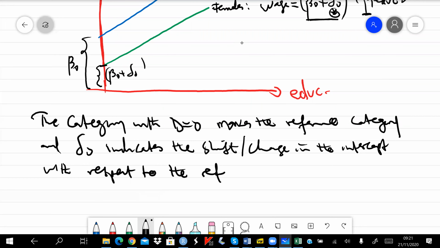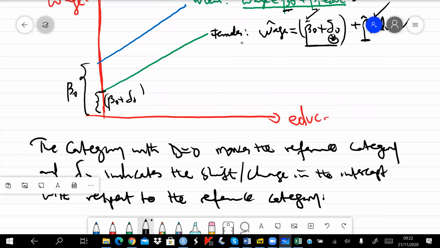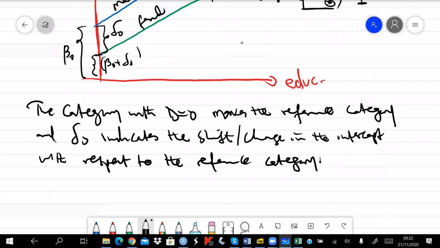Okay. Then now, how do we interpret? So we're saying that this gap here is the difference between the males and the females. The difference is delta naught if you hold the other factors constant.